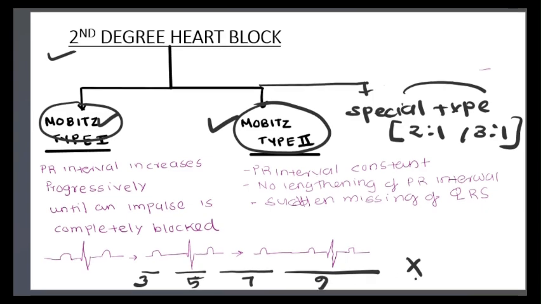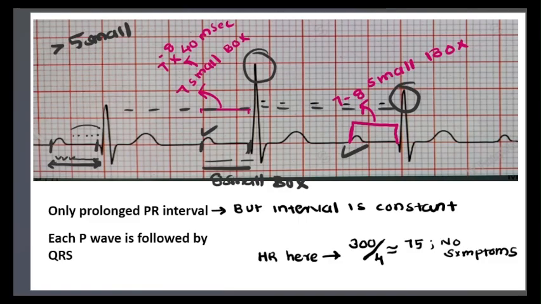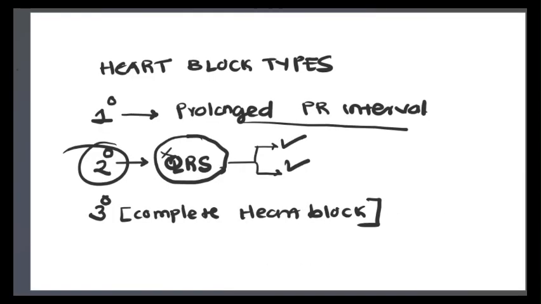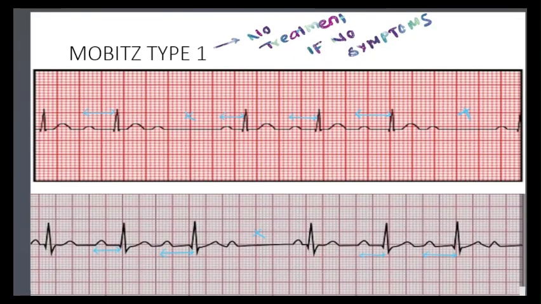After that, there is missing of a QRS complex. Again the normal 3, 5, like that. So with the missing of QRS complex, there is prolongation of PR interval. Let's look at an ECG. Okay, so this is a second degree heart block, and it's Mobitz type 1.